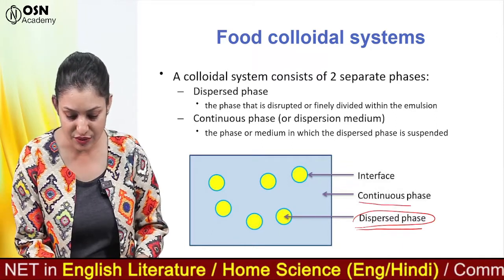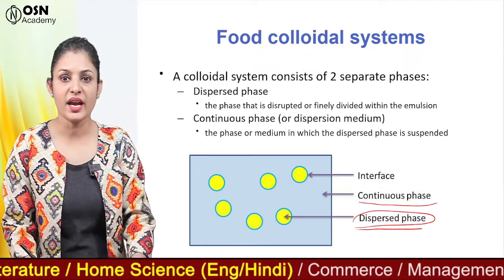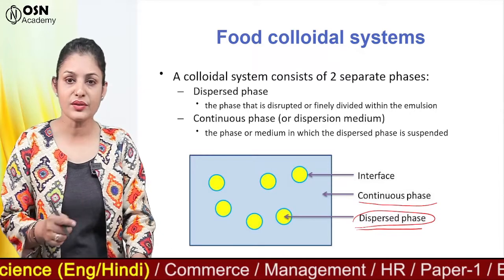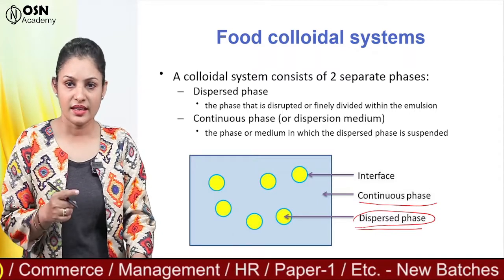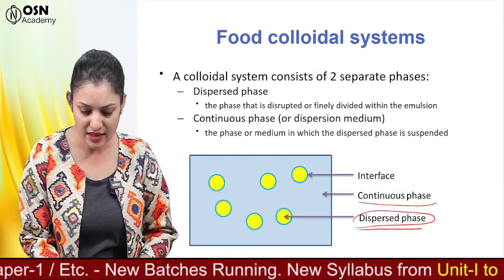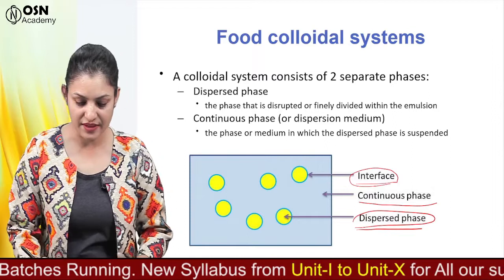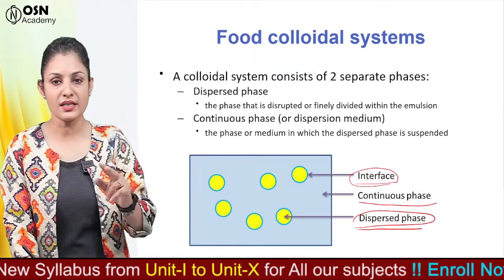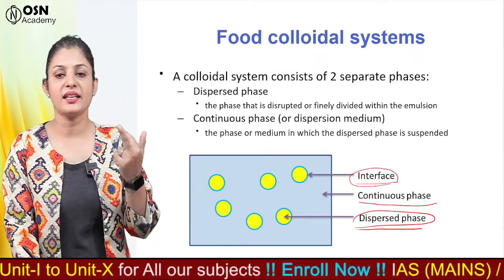Then comes the continuous phase, the phase which continuously holds that substance suspended. And the last one is the interface. So you should know about the two parts, the dispersed phase and the continuous phase.